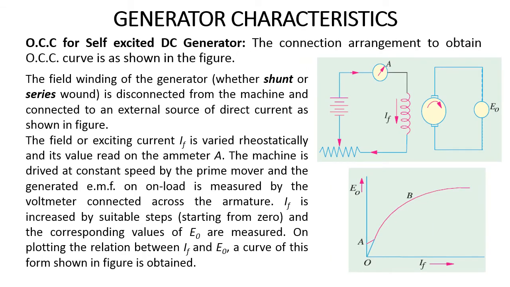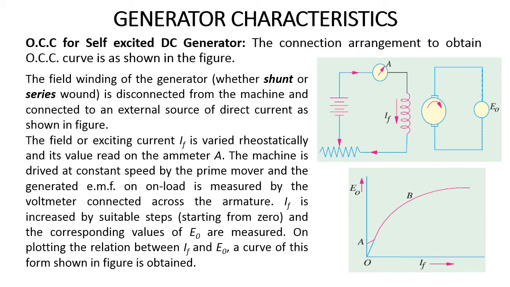OCC for self-excited DC generator. The connection arrangement to obtain the OCC curve is as shown in the figure. The field winding of the generator is disconnected from the machine and connected to an external source of direct current as shown in the figure.